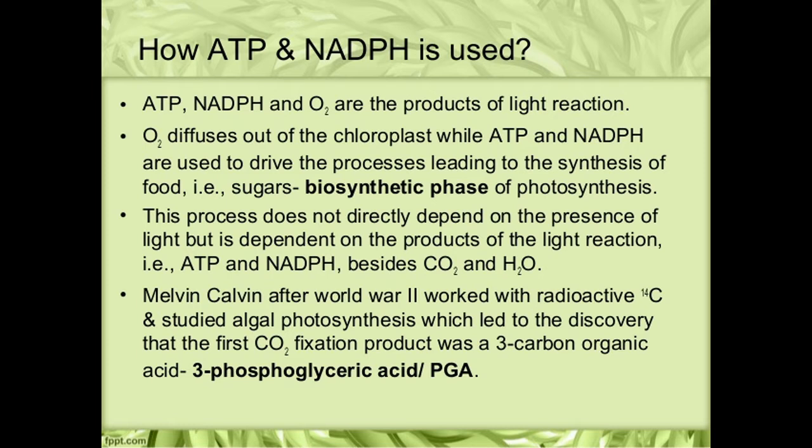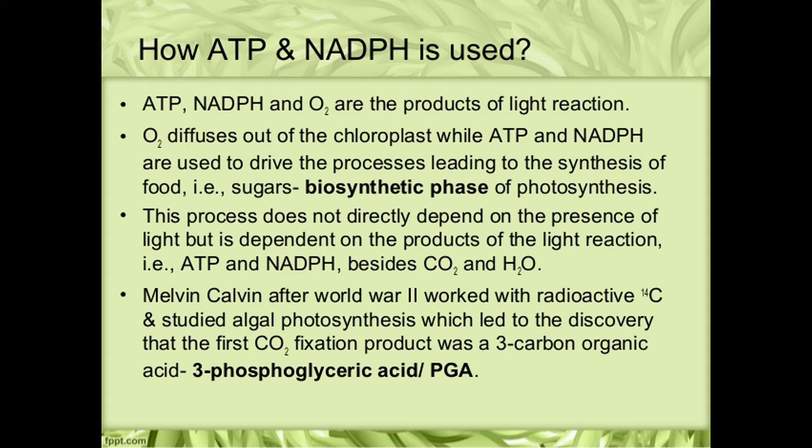It is then placed in an organic solvent. The solvent moves over the extract by capillary action and separates the different constituents according to their relative solubility in the solvent. And when the chromatogram is examined with a Geiger-Muller counter, the compounds containing radioactive C14 are detected.